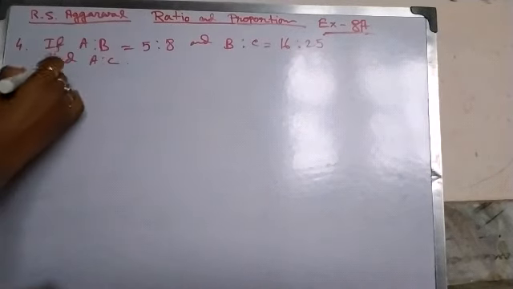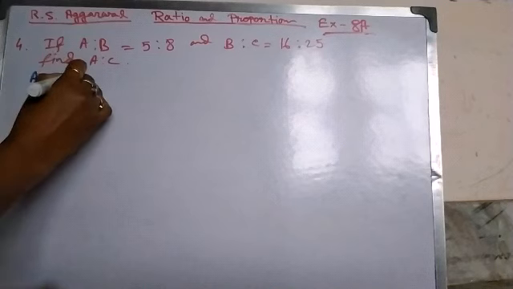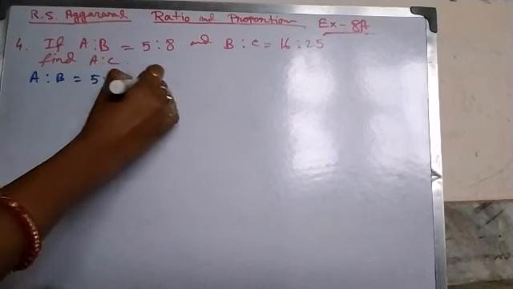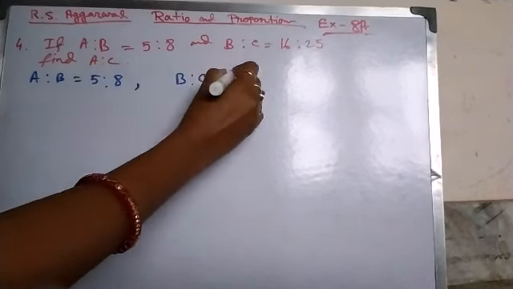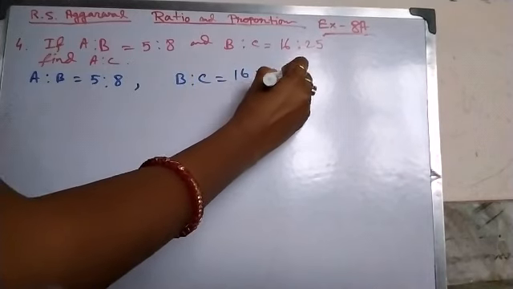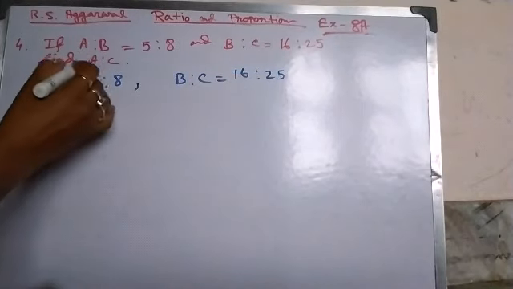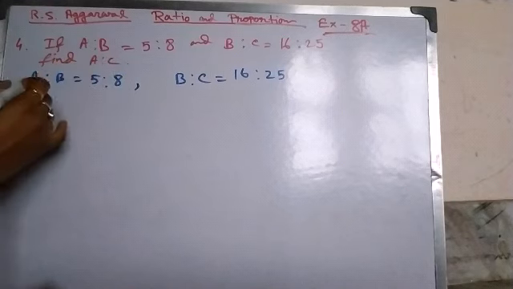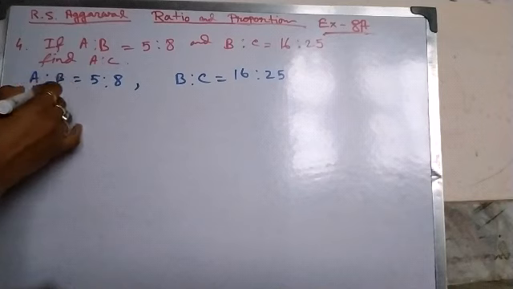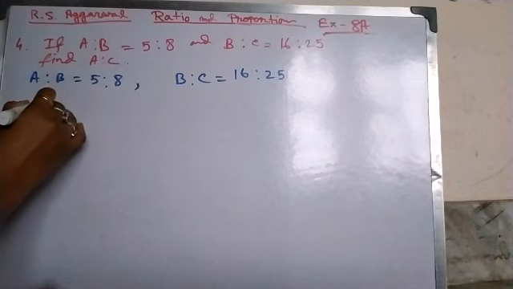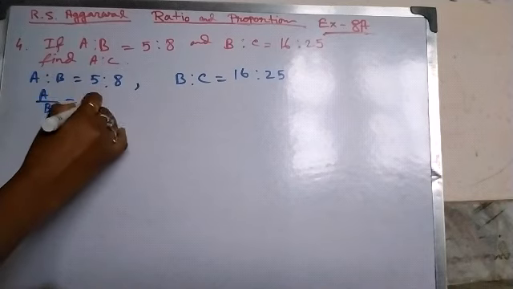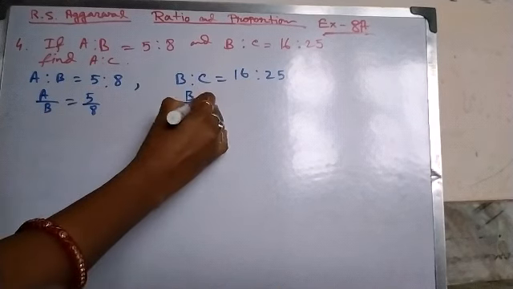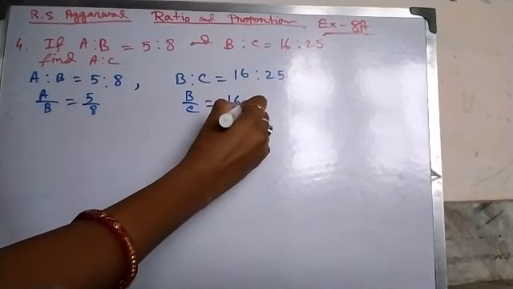Question number 4. Here A is to B equal to 5:8 given, and B is to C equal to 16:25 given. So we have to find out A is to C. How will we get A is to C? At first, if you convert it into fraction, then what will come? A by B equal to 5/8, and B by C equal to 16/25.